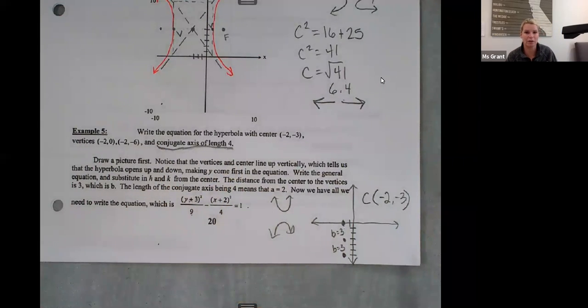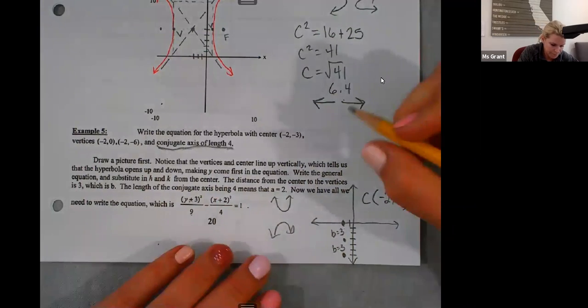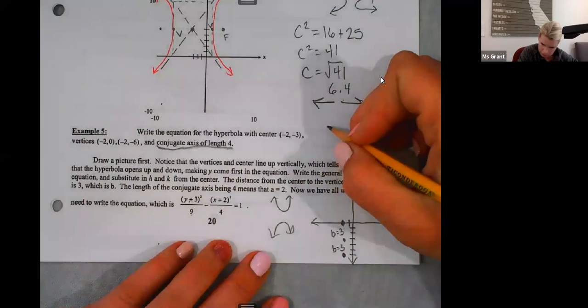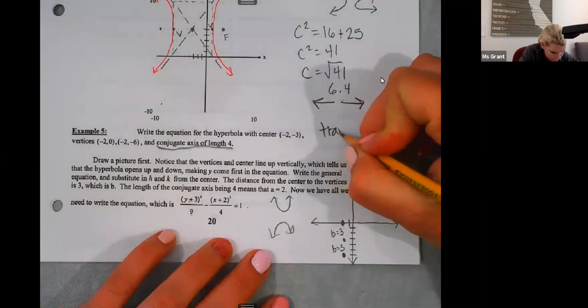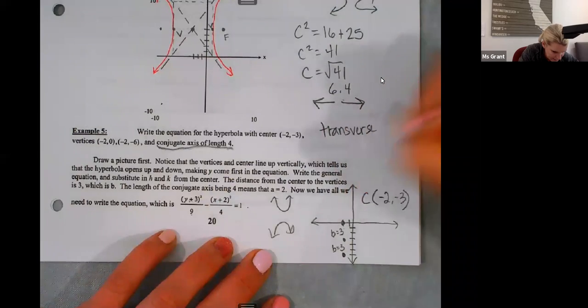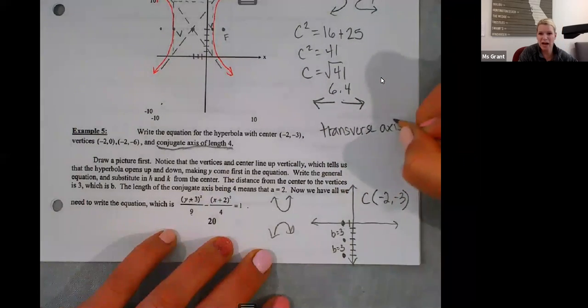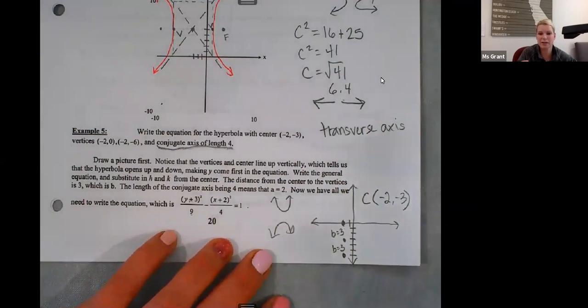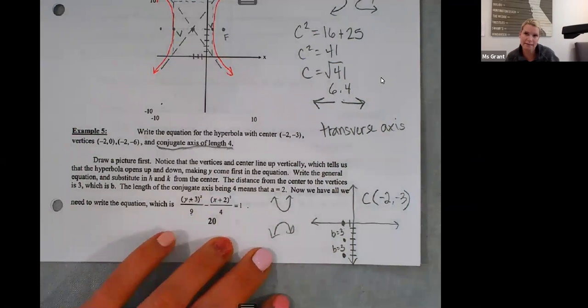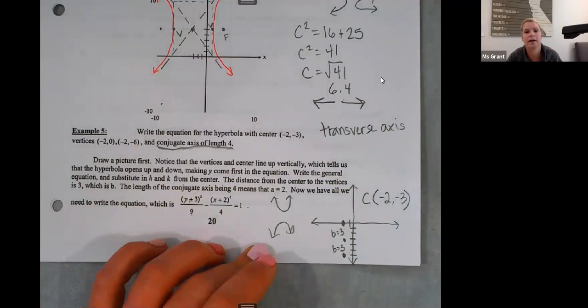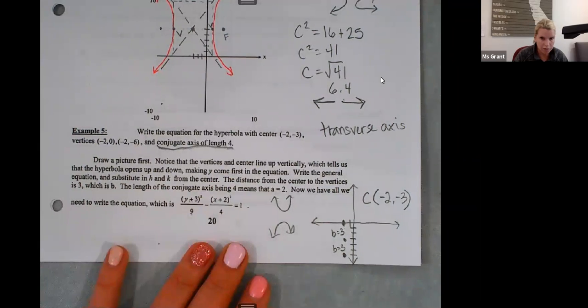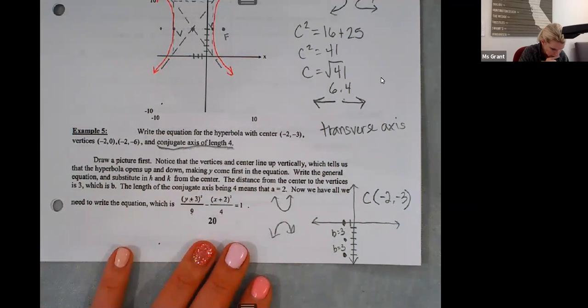That means like the minor axis, the one that we don't draw any points on. Remember how the word transverse axis is like my major axis, where my vertices and foci are. So that looks good. My b is 3.